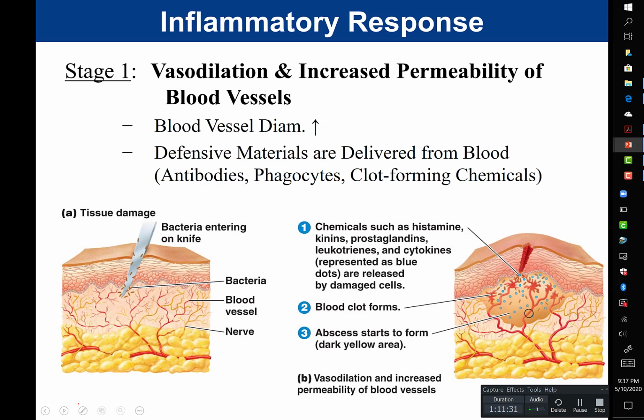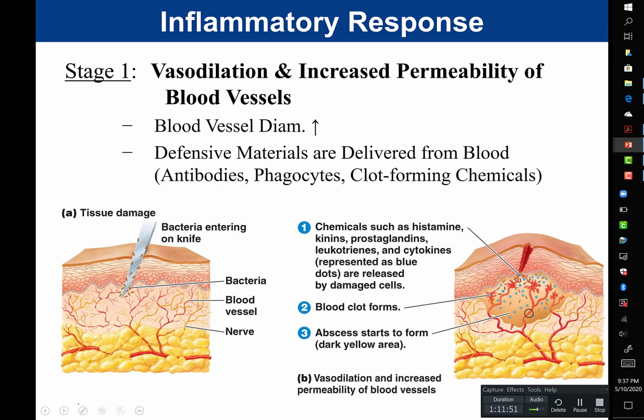And so the body recognizes that the skin has been damaged, and the cells in the area are going to release a variety of chemicals to signal to the body.